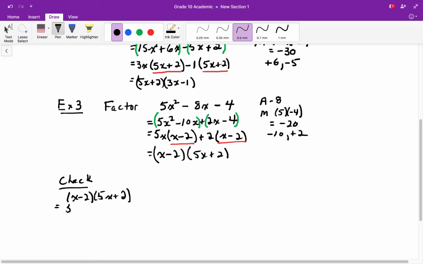So 5x squared, x times 2 is plus 2x. Negative 2 times 5x is minus 10x. And negative 2 times positive 2 is negative 4. Collecting like terms, we get minus 8x in the center, minus 4, which is what we started with. So it is correct.